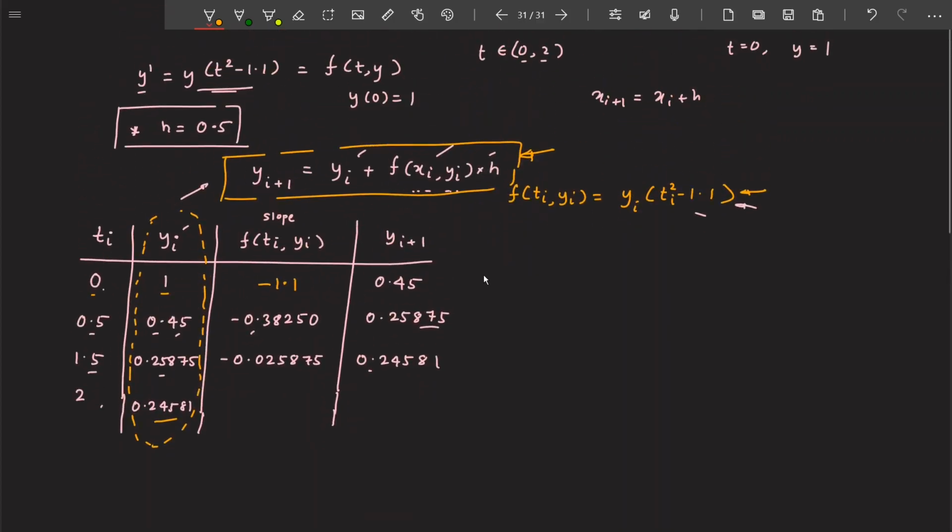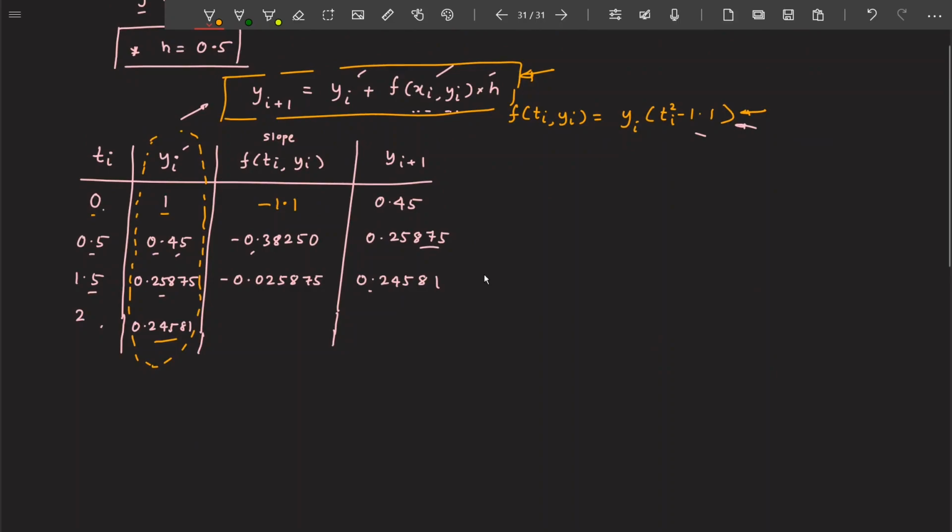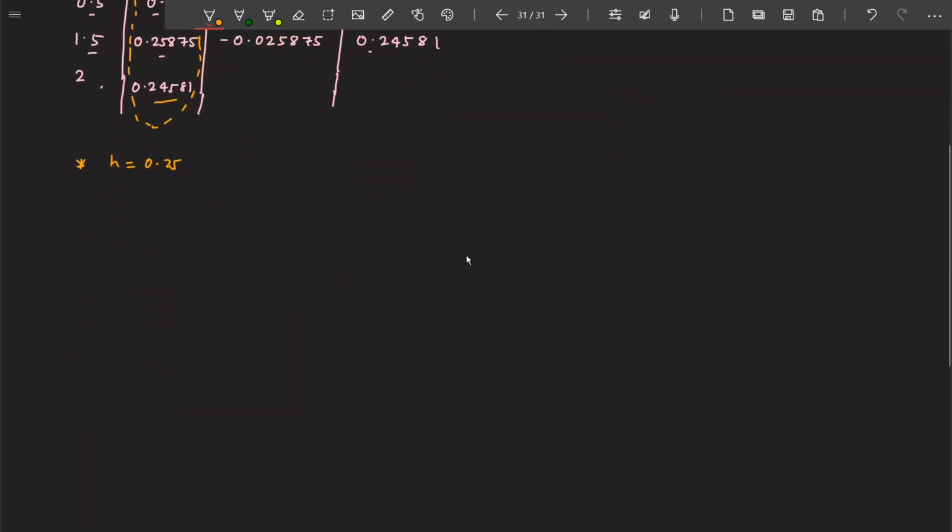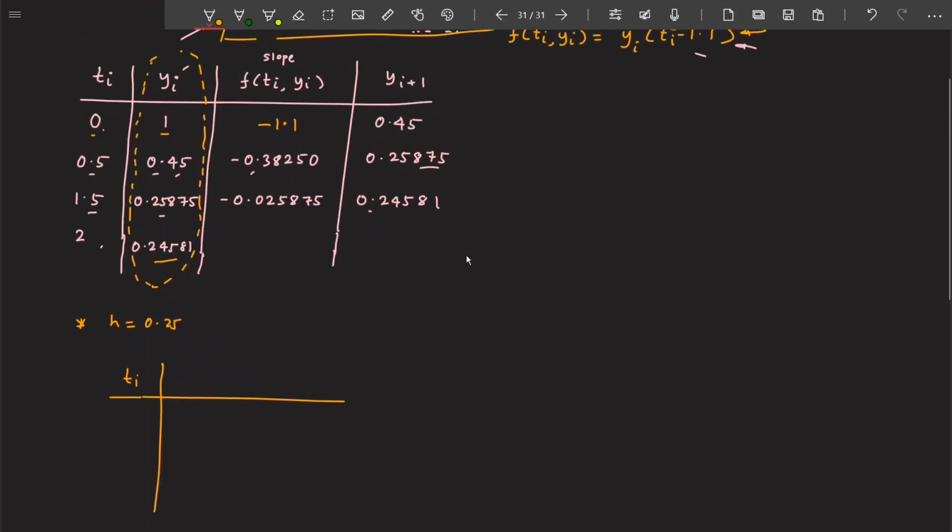Now again what you're going to do next is, this is the first part. For the second part, you're going to substitute h is equal to 0.25. So again this comes out to be ti, it's going to be yi.